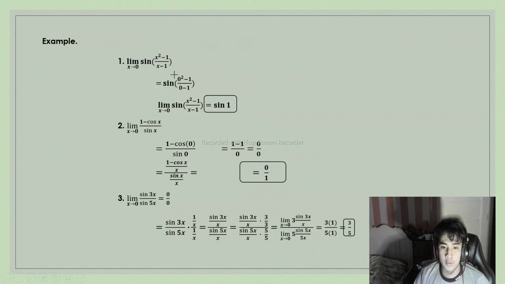Substitute natin dito 0 squared minus 1 and 0 minus 1. So, that will give us negative 1 over negative 1, which is equal to 1. Tapos, magiging sagot natin is sine 1. Hindi naman undefined yung sagot natin, and that is correct.